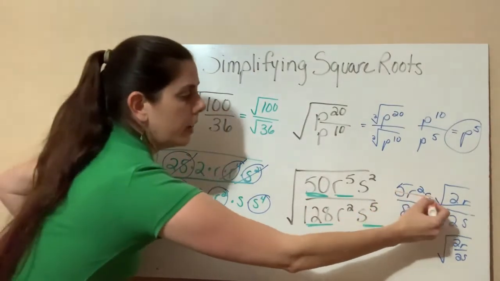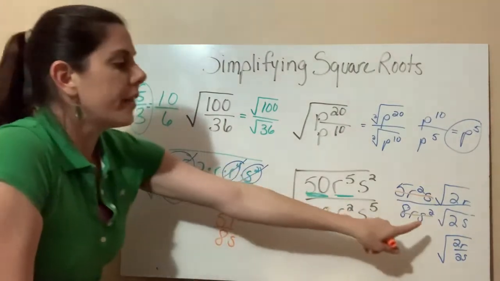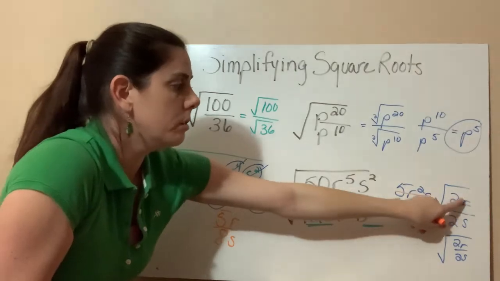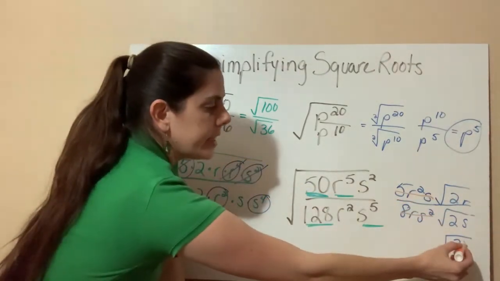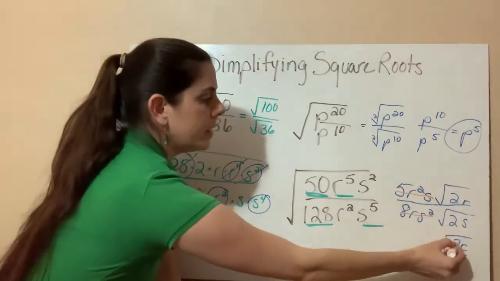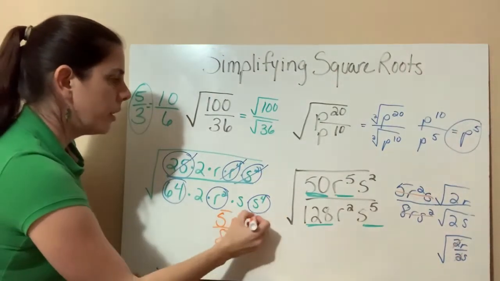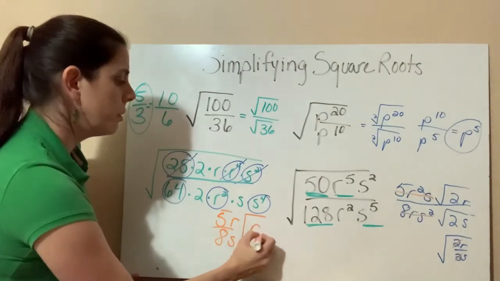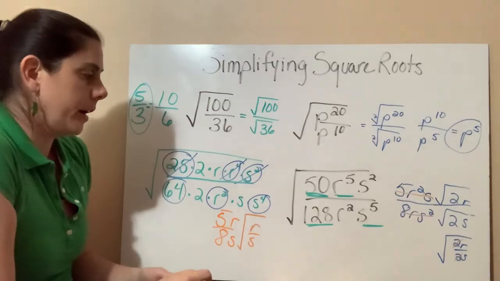Then underneath the square root, 2r and 2s, it's easy to tell when you look at it in this expression that these 2's are going to cancel out. So you're going to end up with 5r over 8s times the square root of rs. And that's how you would simplify that.